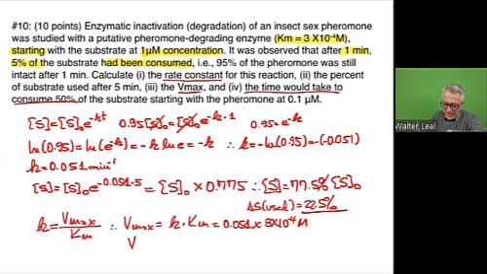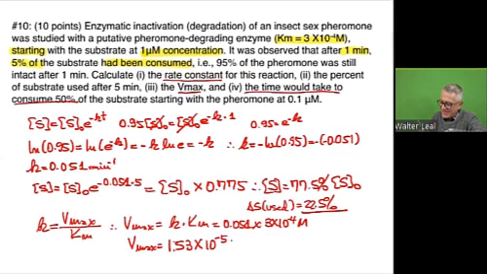So let's put the Vmax in here now. This is going to give you 1.53 times 10 to the power of -5. And this is going to be molar per minute.